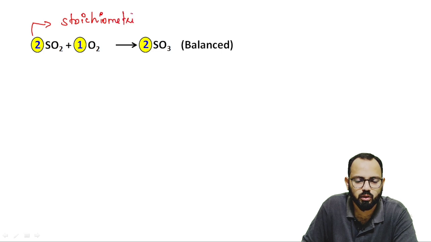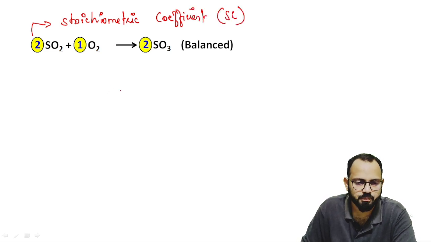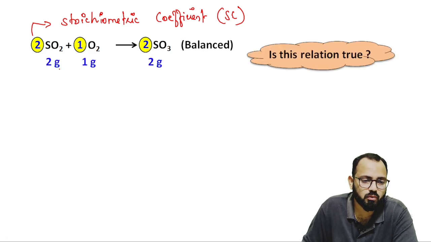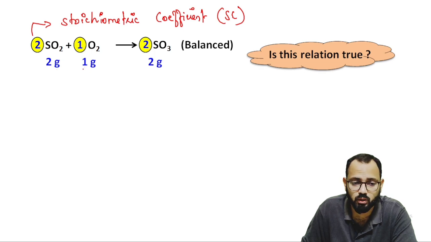Stoichiometric coefficient. And this we can represent shortly as SC. Whether it represents the weight, like 2 gram of sulfur dioxide reacting with 1 gram of oxygen to give you 2 gram of sulfur trioxide, whether it is true? No, it won't be true.